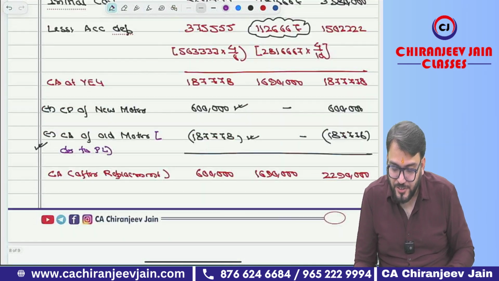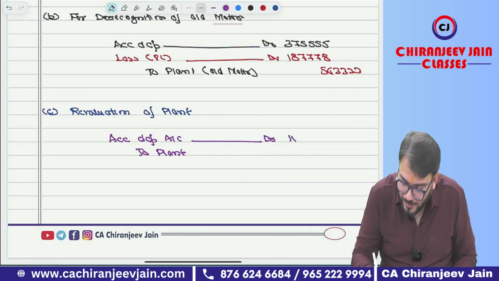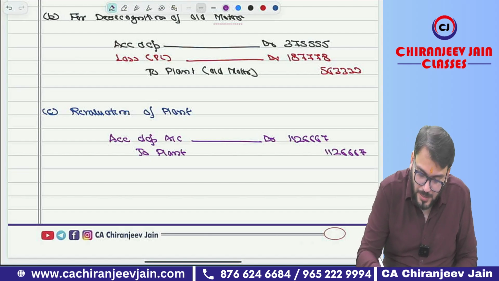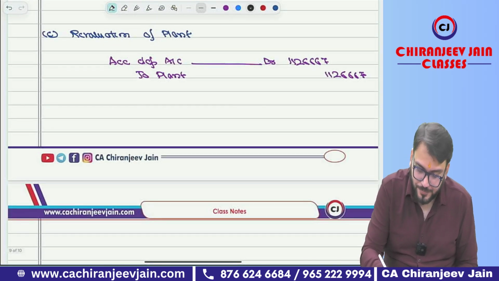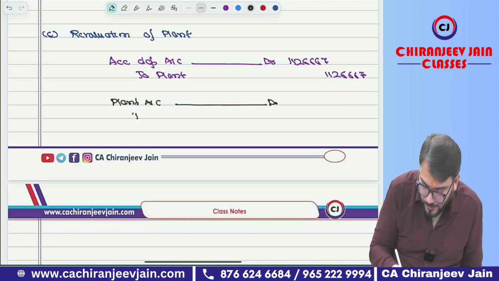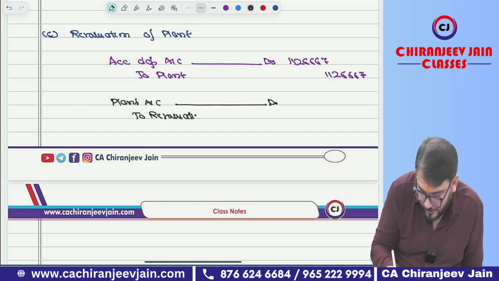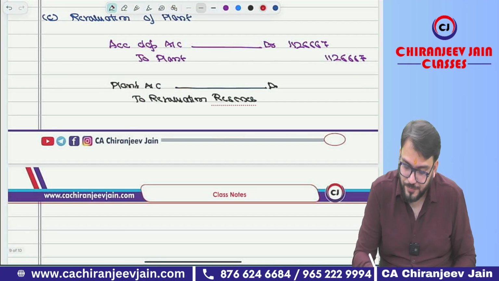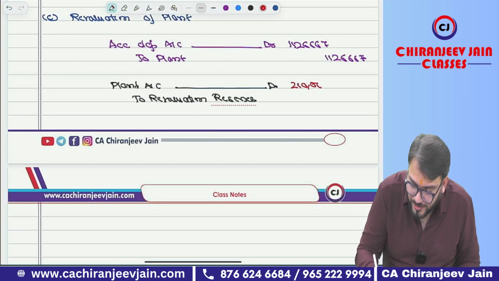That is 11,26,667. And then the revaluation journal entry: plant account debit to revaluation reserve, that is how much? It is 2,10,000. This I have done only for your understanding. Chalega?